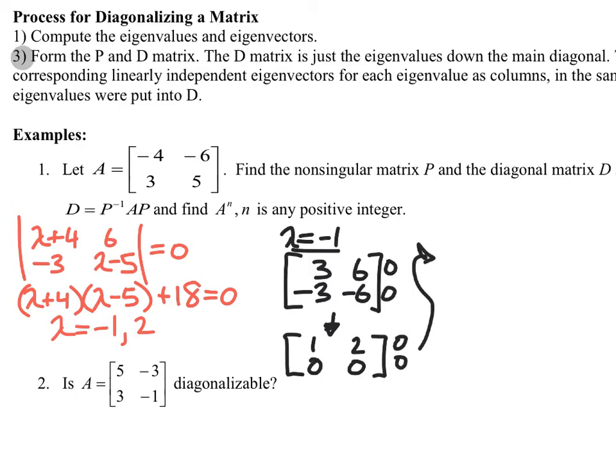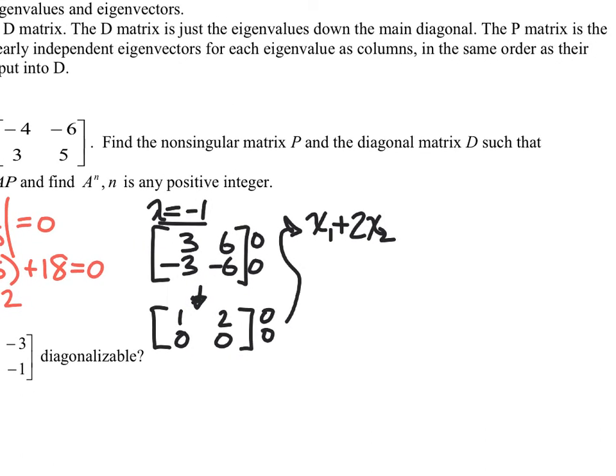All right, so this is saying x1 plus 2x2 is equal to 0, and x2 is equal to x2. So we're looking at x.